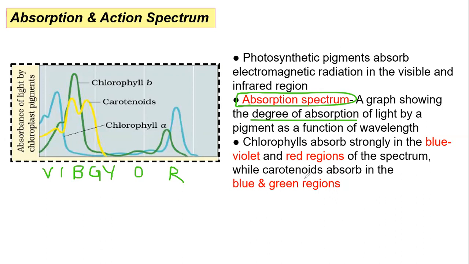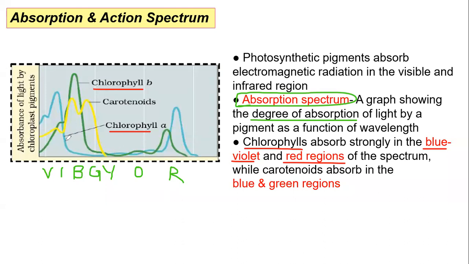Then you will see that for the chlorophyll molecule, chlorophyll A and chlorophyll B depicted over here, they will strongly absorb light coming in the blue, violet, and red region. Look at chlorophyll A first.